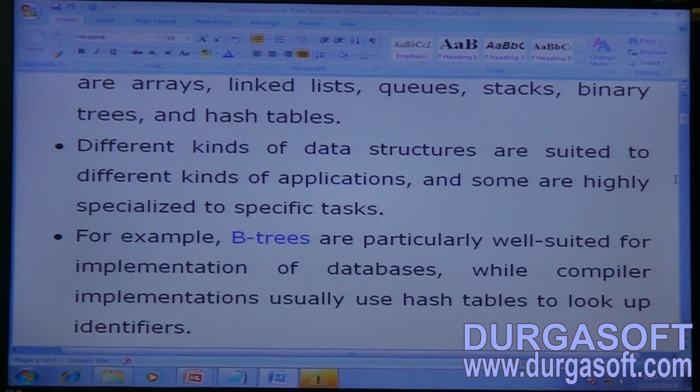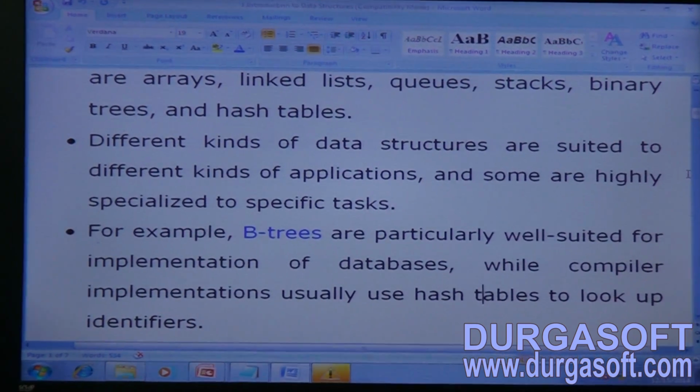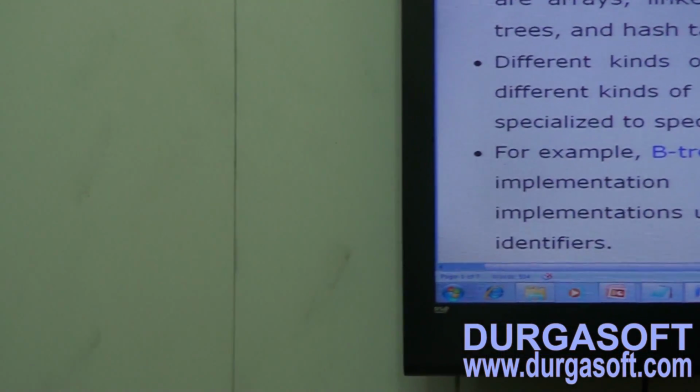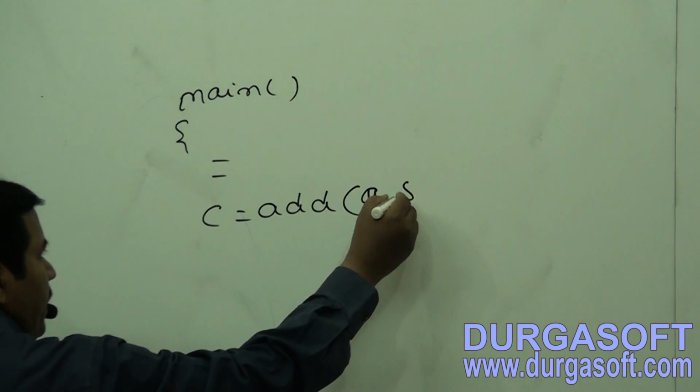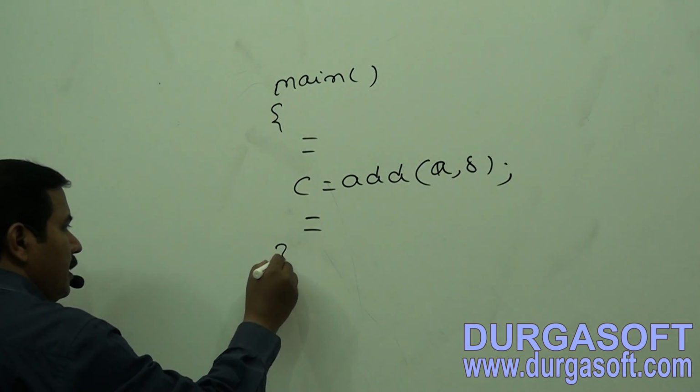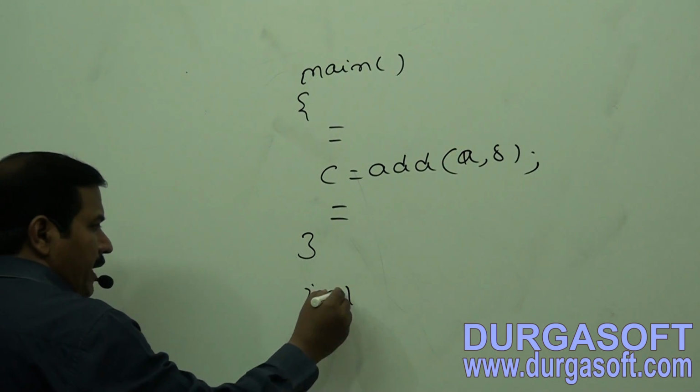So Turbo-C is a compiler application. That compiler internally uses so many data structures. Suppose as an example, here I am calling the function add and passing two arguments A and B, and it is a user defined function add.